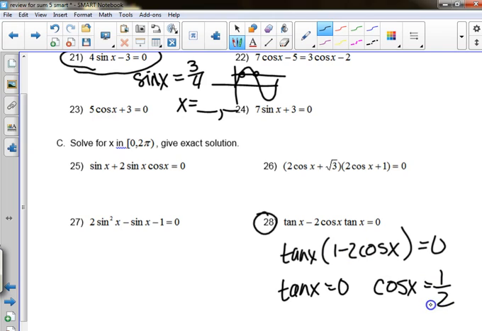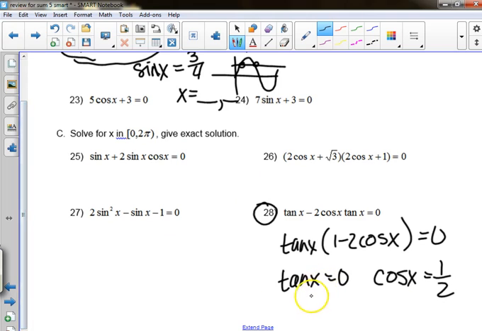Did I do that right? Okay. Unit circle. If it said 0 to 2 pi, we would answer tangent is 0 anywhere that y is 0. So 0 and pi. Do I have that right? And cosine is 1/2 at pi over 3 and 5 pi over 3.